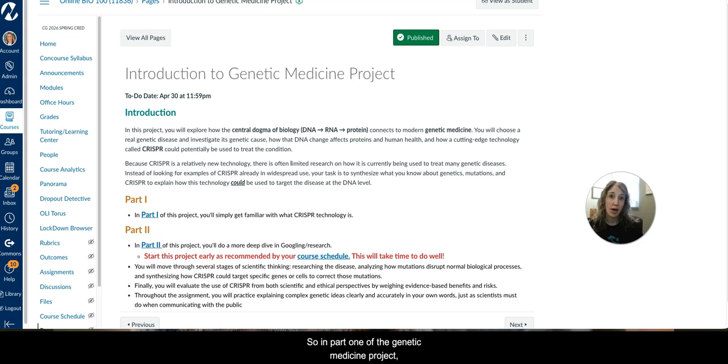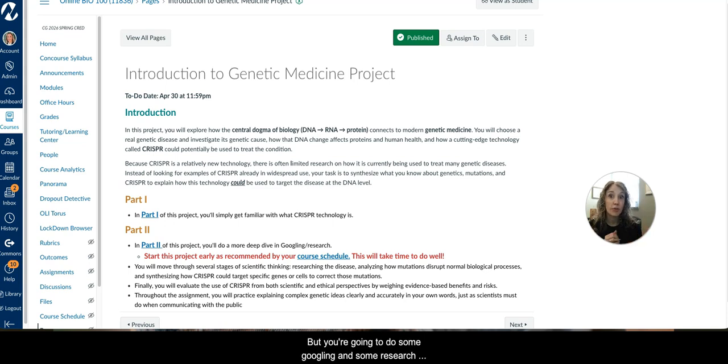So, in part one of the Genetic Medicine Project, all you're going to do is get familiar with what CRISPR technology is. In part two, you're going to choose any genetic disease that you want. I give some suggestions for diseases that are a little bit more simple than others, but if you have experience with a genetic condition and you want to explore more about it, please feel free to do so.